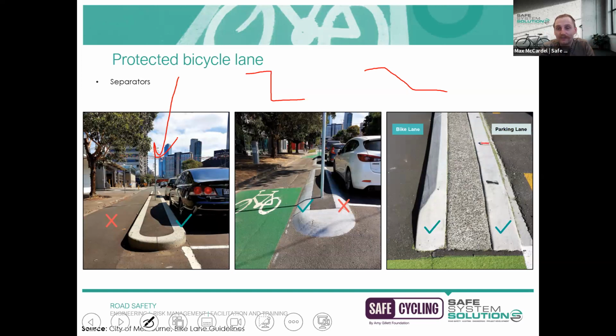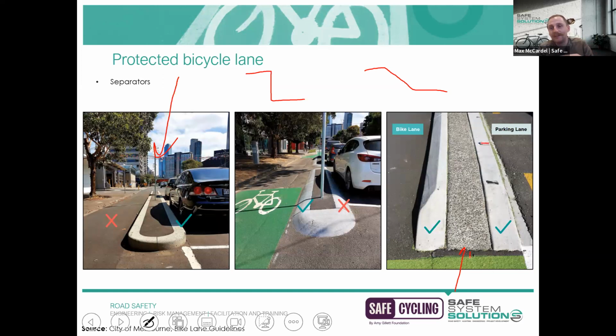So it gets the cross for the bicycle lane. In the middle image, I've got a semi-mountable curb for the bicycle lane where it gets the tick, but gets the cross for the parking lane. And the final image is ideally what we'd love to see, where we've got a semi-mountable curb for the bike lane and a barrier curb for the parking lane.